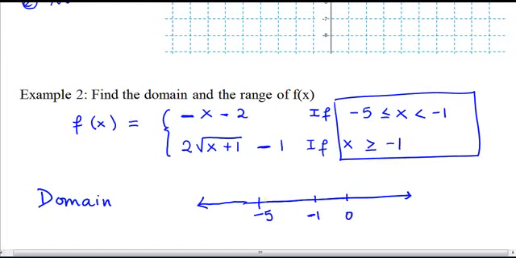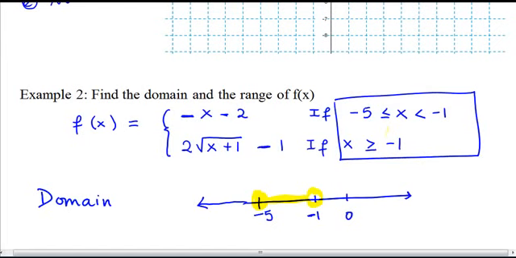First, this domain here says that x is greater than or equal to minus 5. So here is minus 5. Equal at minus 5, we can close the circle. And then x goes up to minus 1. It cannot equal minus 1, so it's an open circle. Open means not included, closed means included. So x is between the two.